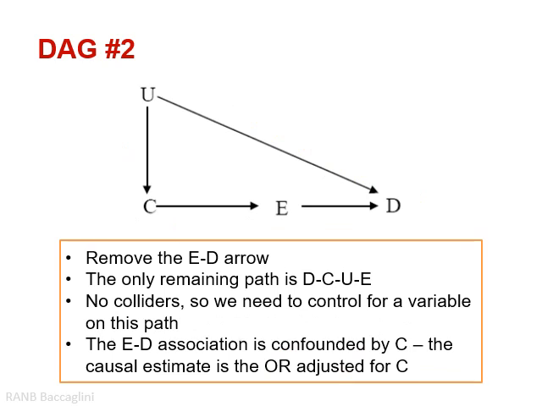Here is another example. Let's remove the arrow going out of the E, so that's this one here. There is only one path left, which is ECUD. We do not see any colliders, so this path is open, and we do need to control for at least one variable on this path.